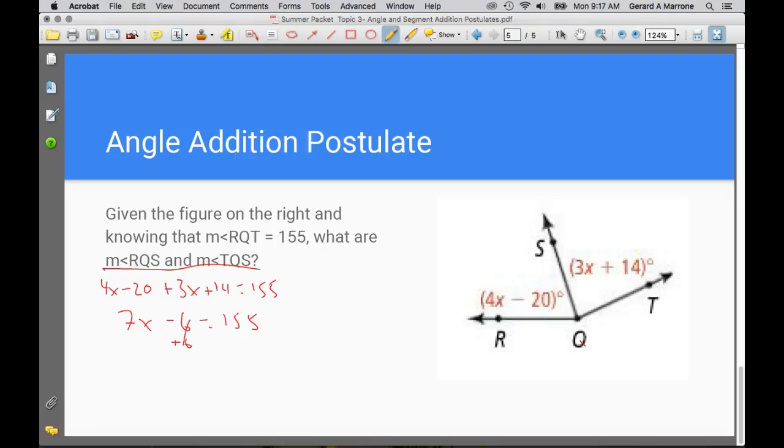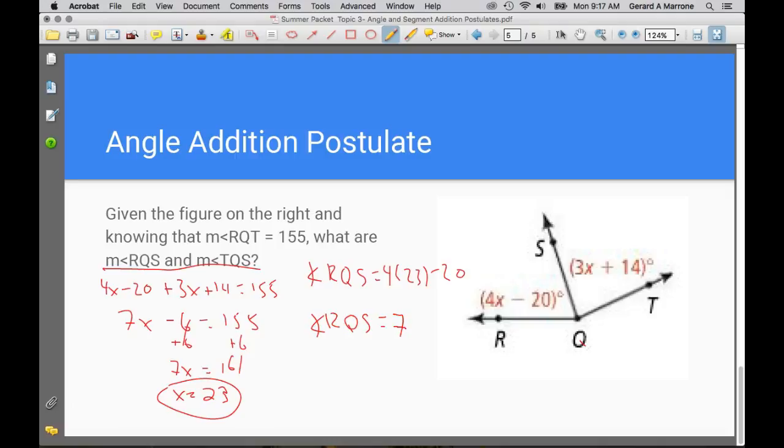And when we solve this all the way out, you should have that x equals 23 here. Okay. Now, when we plug back in for our angle RQS, we have 4 times 23 minus 20. So angle RQS will end up with a final measure of 72 degrees.